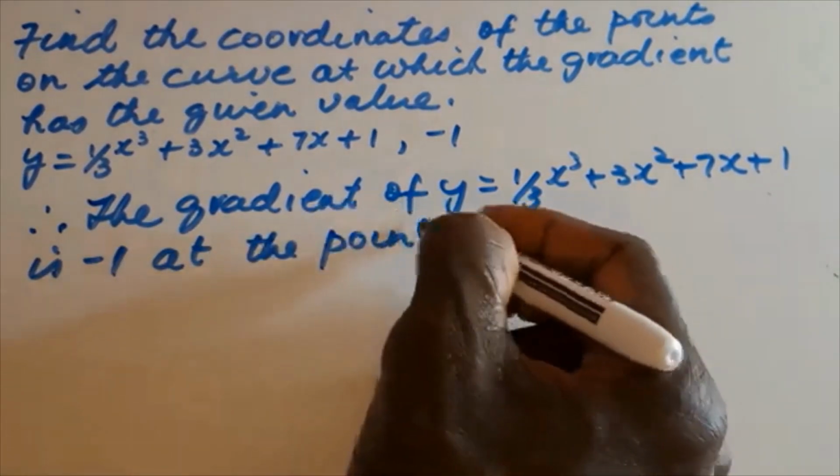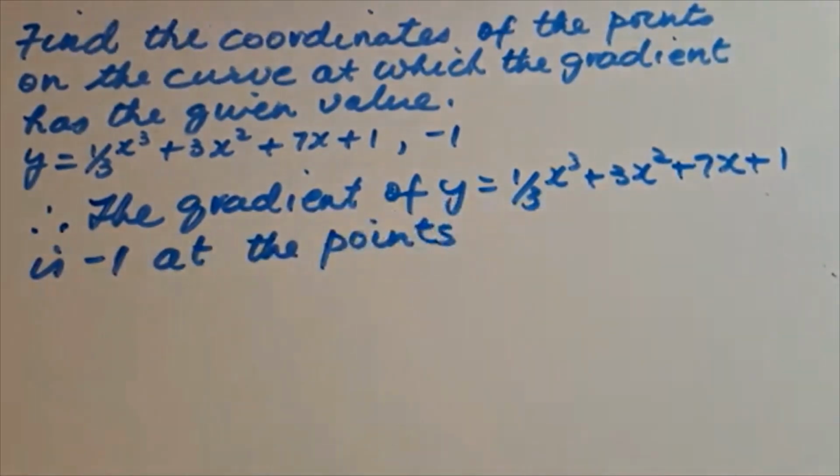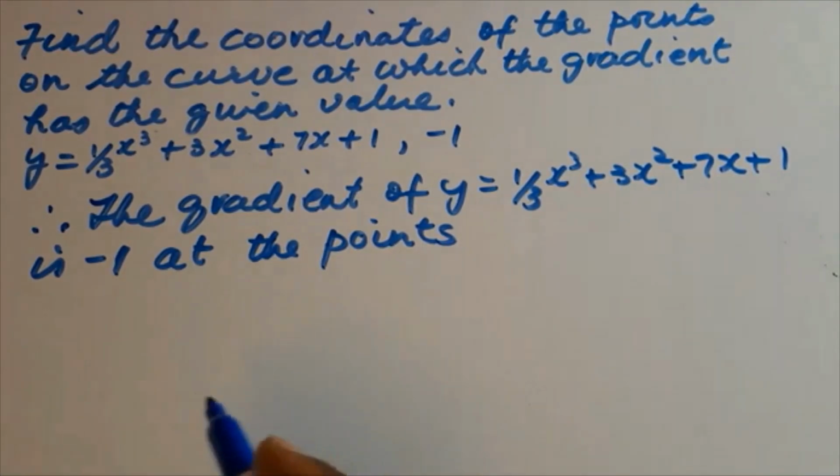So it has this gradient -1 at 2 points, because after finding the gradient of this curve, we had a quadratic equation in x, which means that we'll get 2 solutions. So we have 2 points at which the gradient is -1.